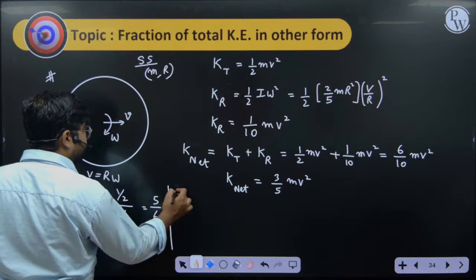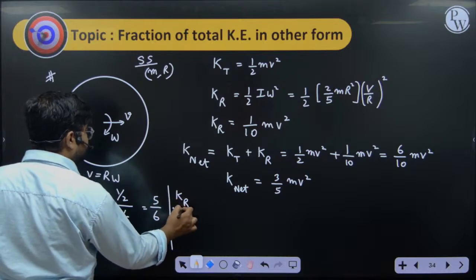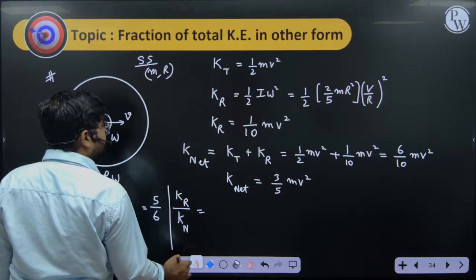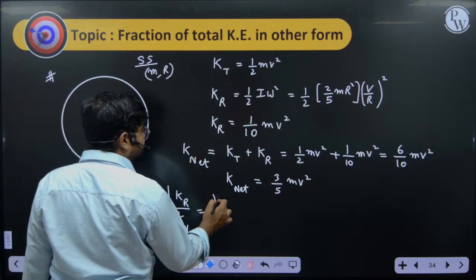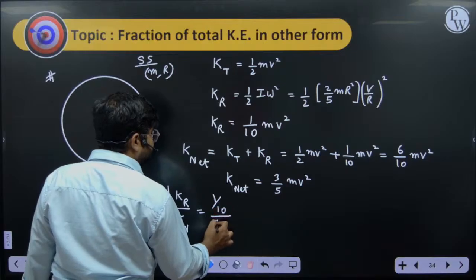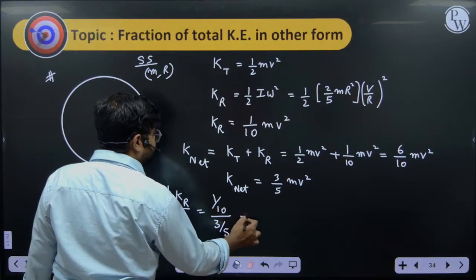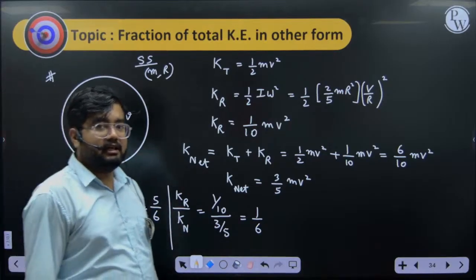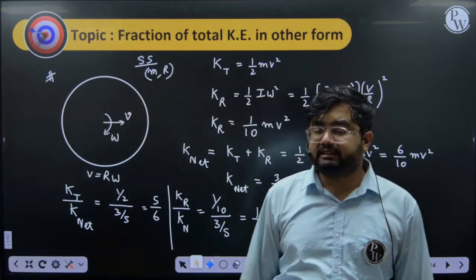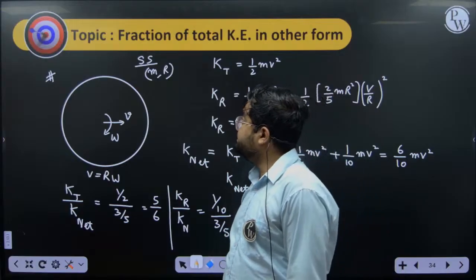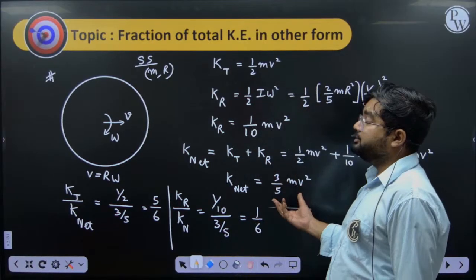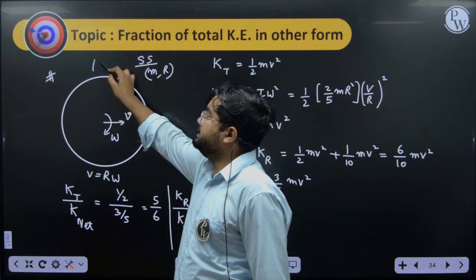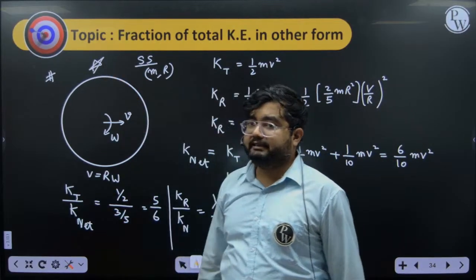And if we were to find the rotational energy in the net energy, then we divide 1 by 10 by 3 by 5 and we get 1 by 6. So this is how we can find fraction of total kinetic energy into other forms. And this is a very popularly and commonly asked type of question in NEET exams.